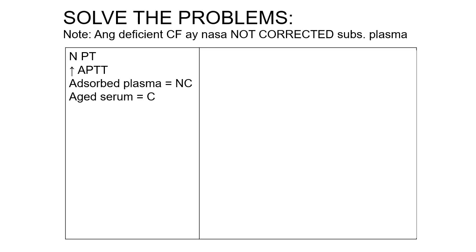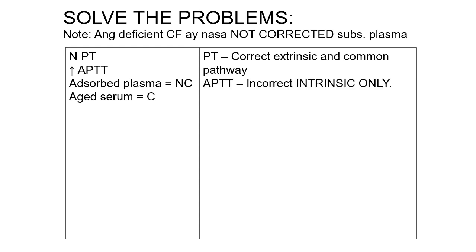Next naman, normal PT. Prolonged EPTT, adsorbed plasma is not corrected, H serum is corrected. PT is correct, is normal, so correct ang extrinsic and common pathway. EPTT, incorrect, intrinsic only, kasi yung ating correct common pathway is corrected in PT.